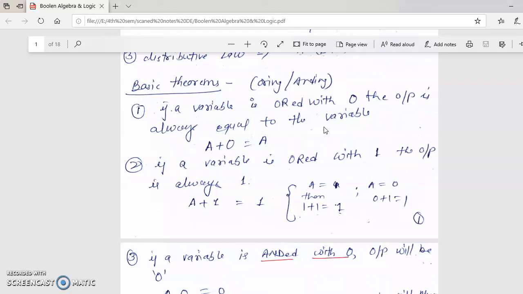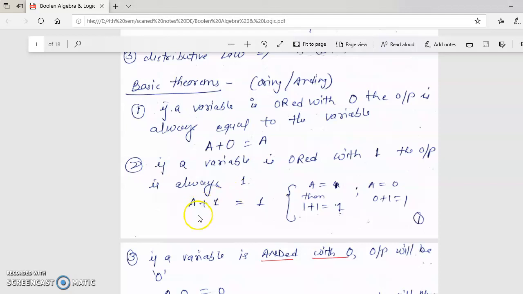Variable is A. Okay. Second theorem is if a variable is ORed with 1, the output is always equal to 1. If we OR the variable A with 0, we always get the variable A. But if we OR the variable A with 1, then it is always equivalent to 1.